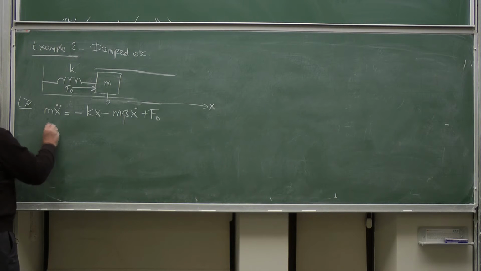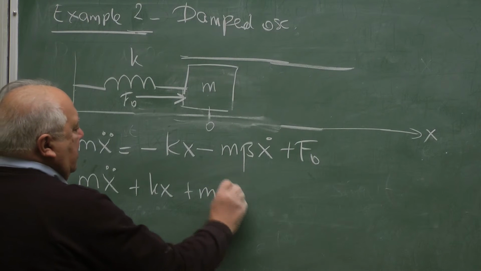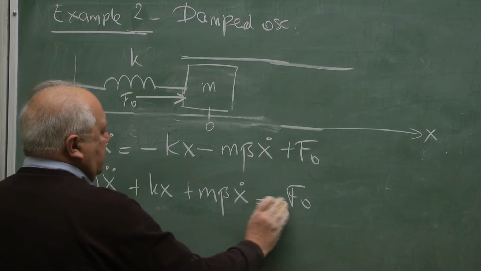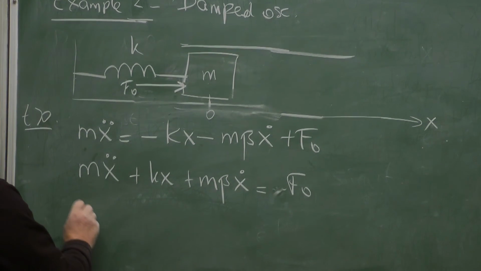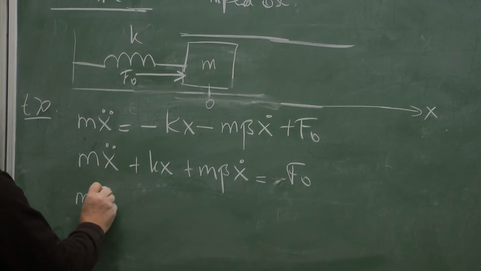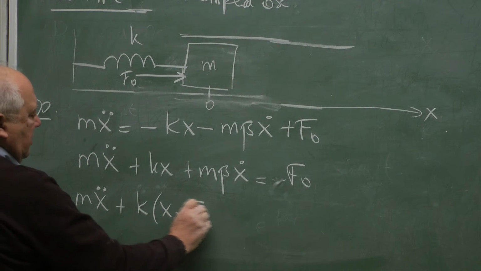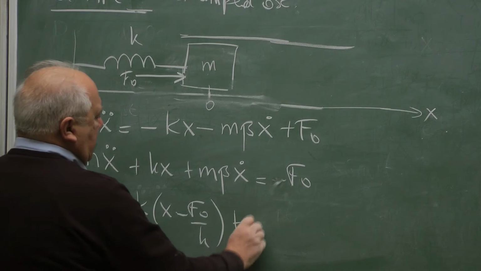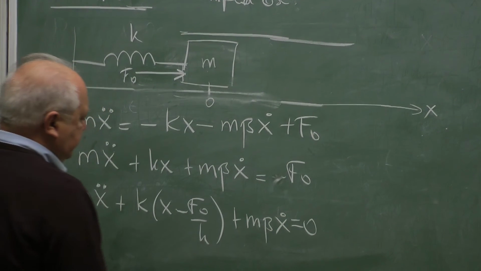So let me write it like this: m x double dot plus kx plus m beta x dot is equal to F0. And let me bring F0 here: m x double dot plus k times (x minus F0 over k) plus m beta x dot is equal to 0.